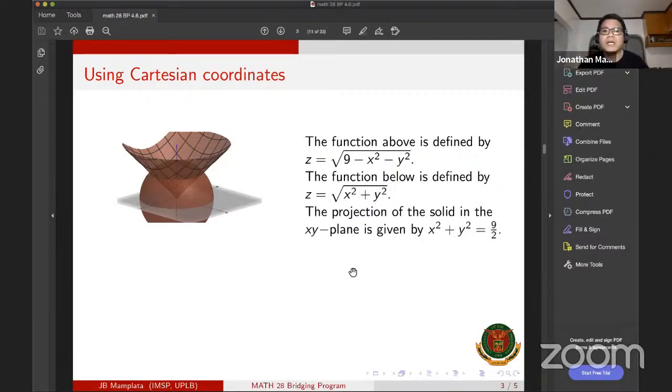If you solve the system, you will get this equation, x squared plus y squared equals 9 over 2. So we have a circle of radius 3 over square root of 2. So yan yung magiging bounds natin for x and y.